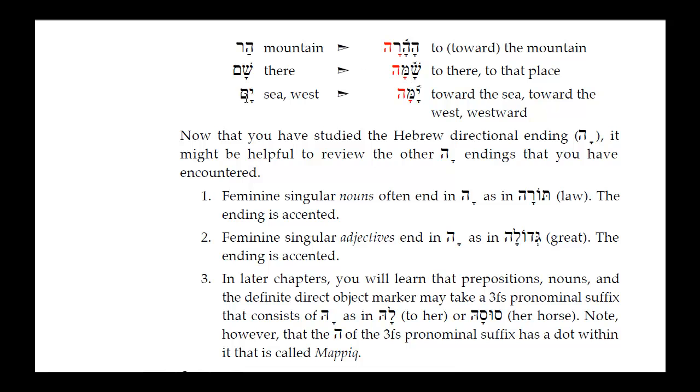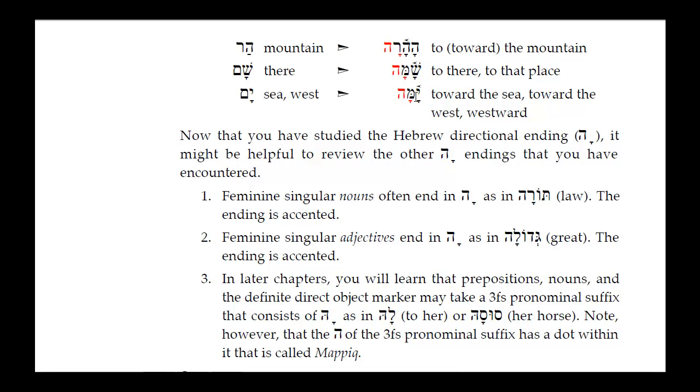Again, we have Yam, sea or west. We have Yama, toward the sea or toward the west. These are called the directional heys. It may be helpful to review the common heys that you've encountered. Feminine singular nouns often end in common hey, like Torah. The feminine singular adjectives end in common hey, as in Gedolah, and the accent is on the la.